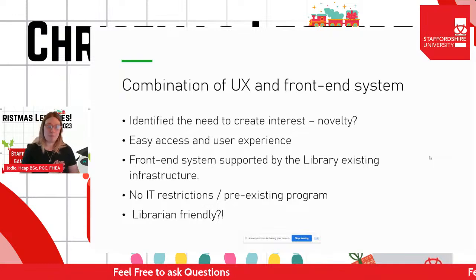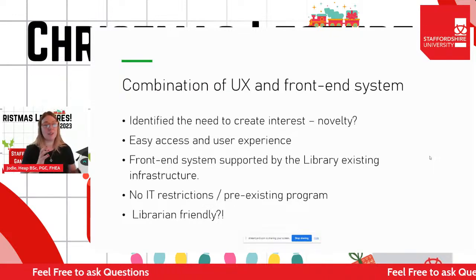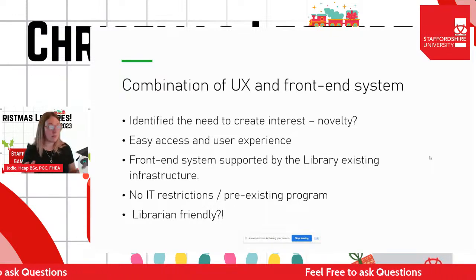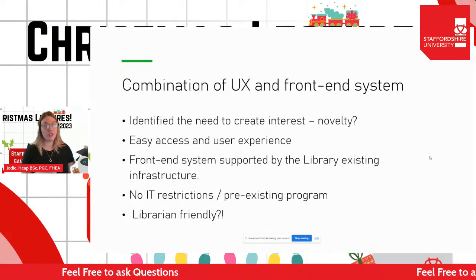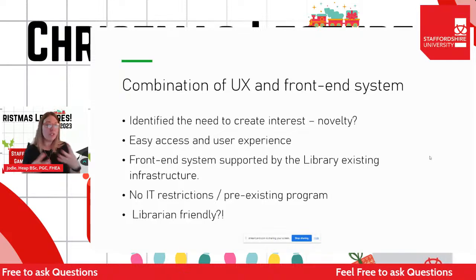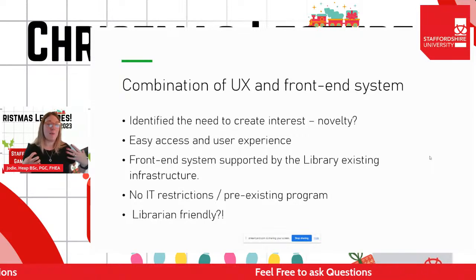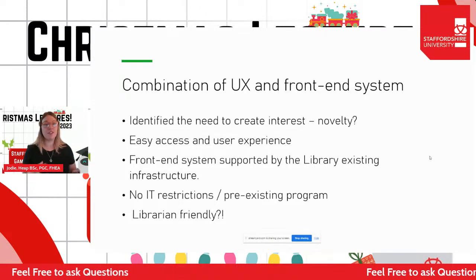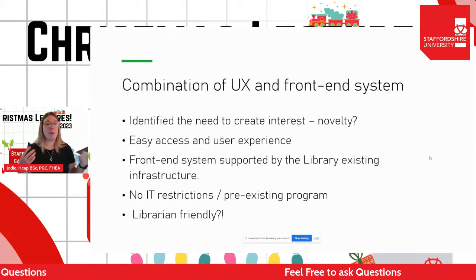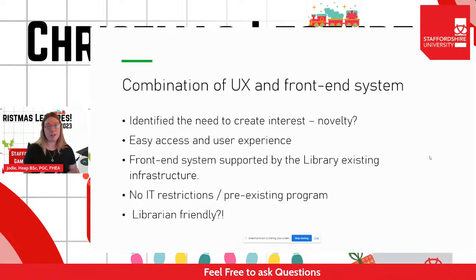I had to think about it, and I identified that there were a few different variables that I could potentially control, which resulted in a combination of looking at UX and front end systems. The library website has to serve a lot of people: staff, students, researchers, people who are international, our partner institutions.